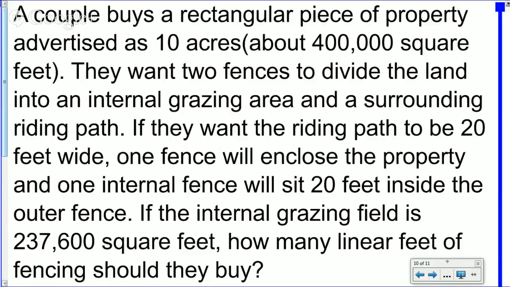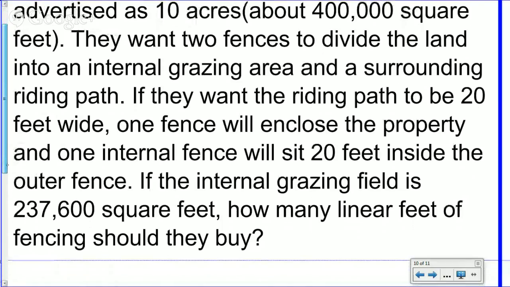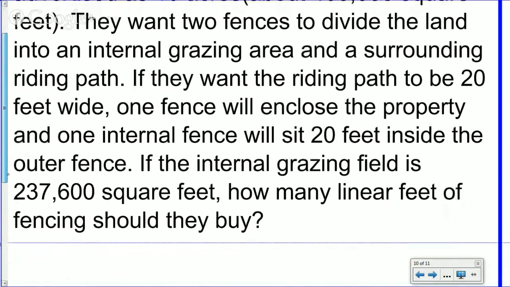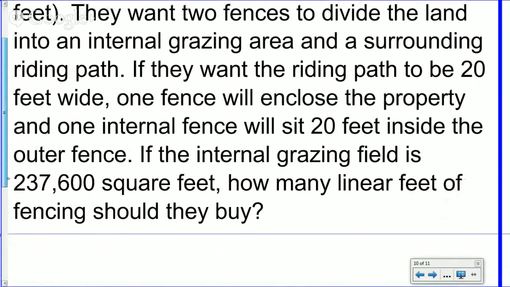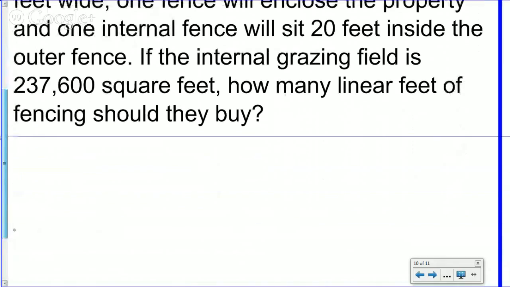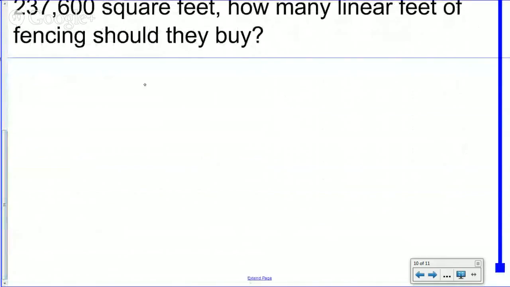If they want the riding path to be 20 feet wide, 1 fence will enclose the property and 1 internal fence will sit 20 feet inside the outer fence. The internal grazing field is 237,600 square feet. How many linear feet of fencing should they buy? Okay, so the first thing I want to do is draw a picture here.